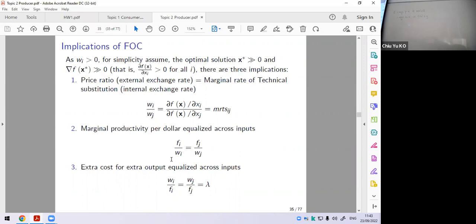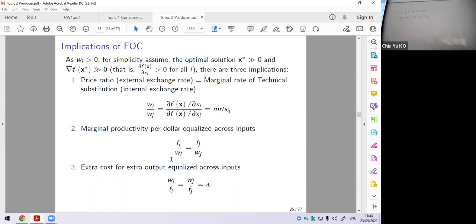Okay, this is a new interpretation that isn't really meaningful when you talk about the consumer, but it's meaningful to talk about the firm. When you have one input, Fi, the marginal product, over the wage, is the cost of increasing output by 1 unit through an increase in input i.